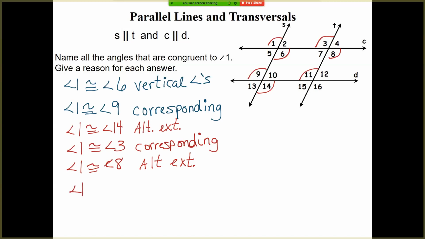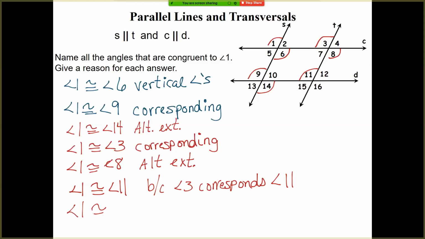So angle 1 is congruent to angle 11 because angle 3 corresponds to angle 11. That one we kind of have to go around to get where we want to go. And then last but not least, we have angle 16.